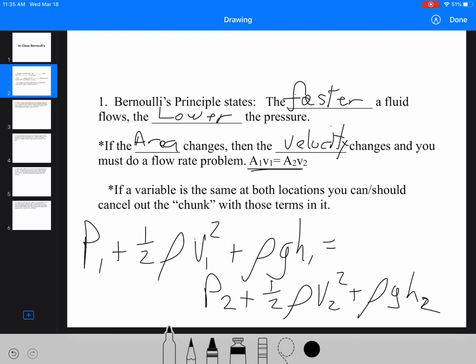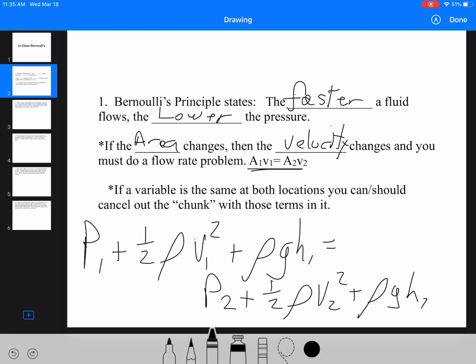The idea is, for example, if your pressure is the same at location 1 and at location 2, then we could cross off the chunks that have pressure in them.